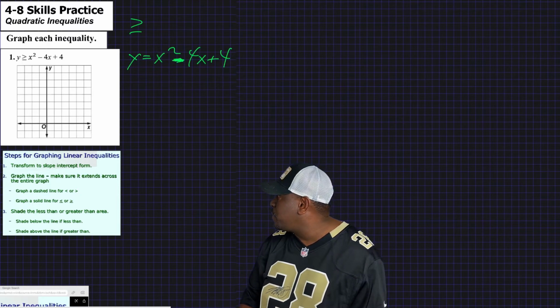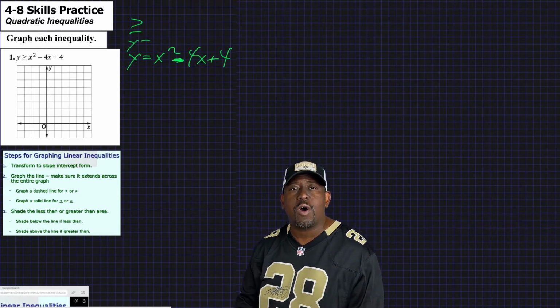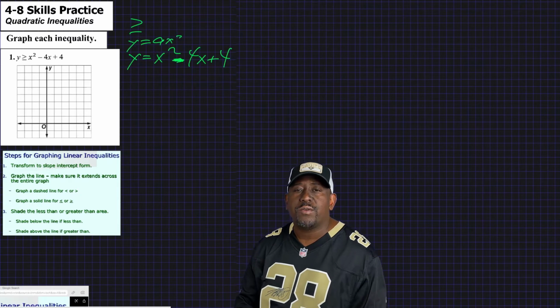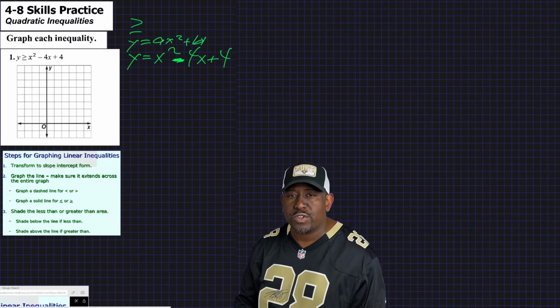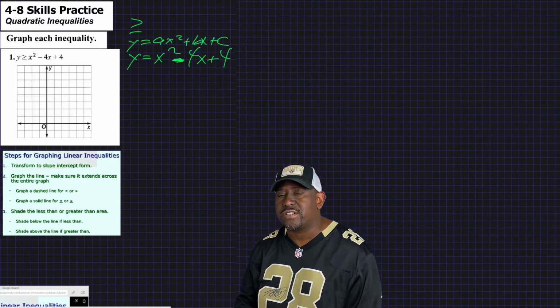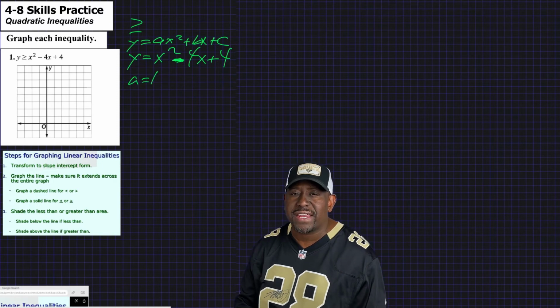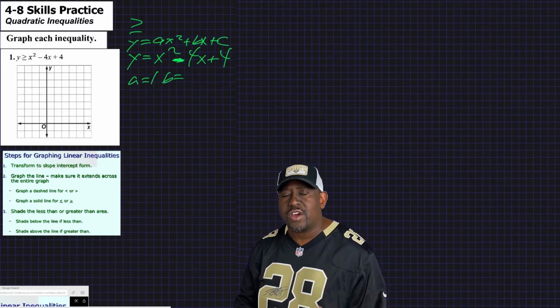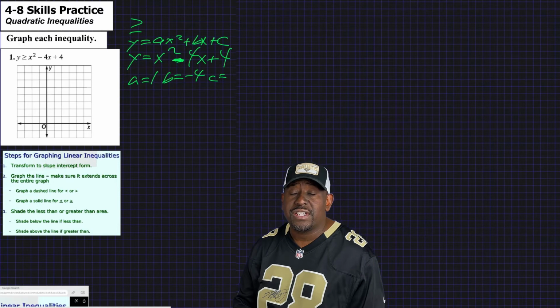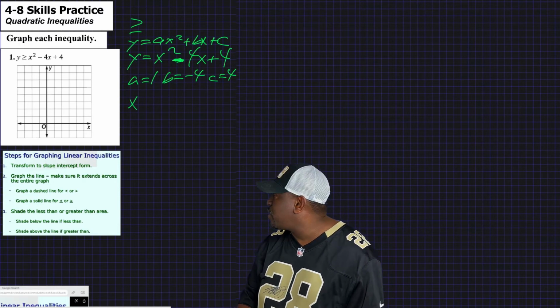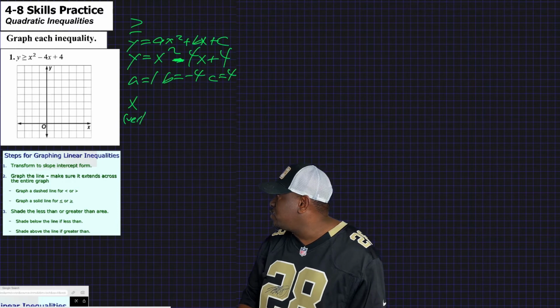The first thing we notice in this inequality is that we have greater than or equal. From that, we will determine certain things using our steps for graphing linear inequalities.